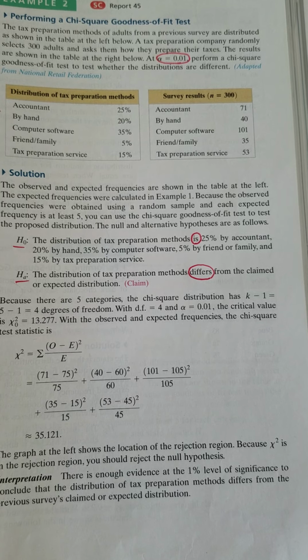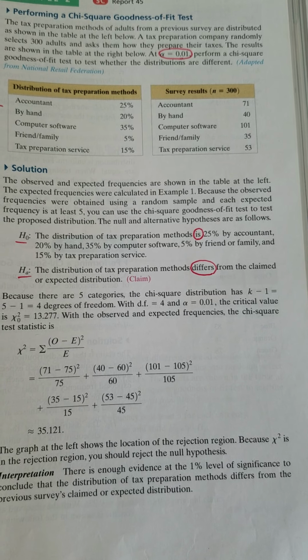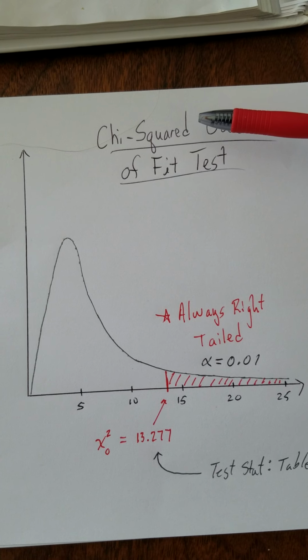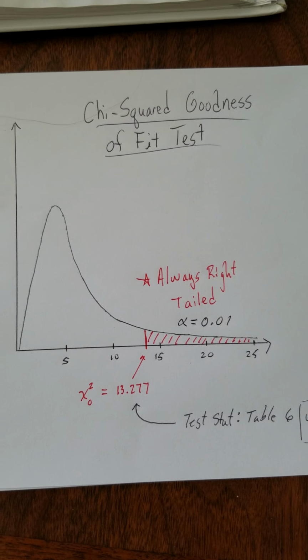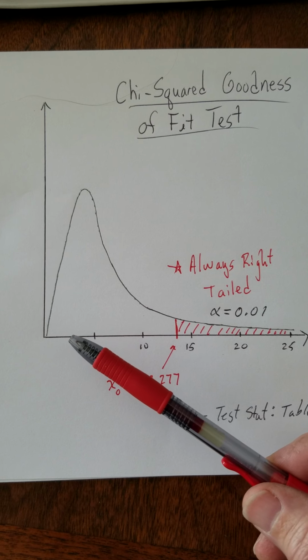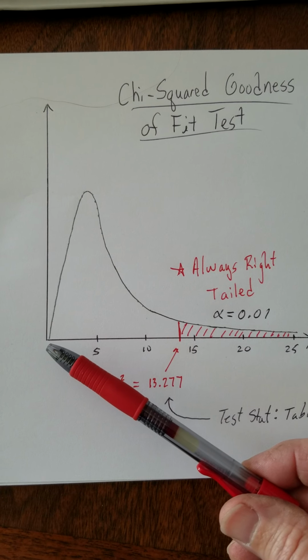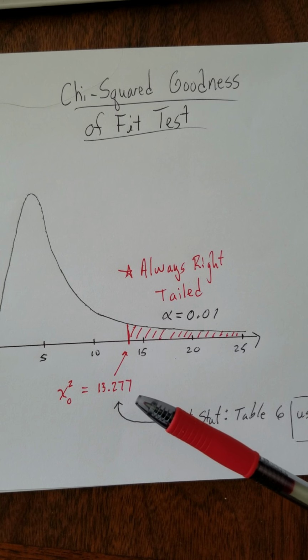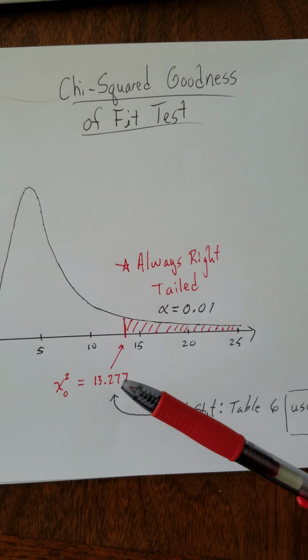First, let's go to a picture of the test. I should have said chi-squared, not chi-squared. But there's a picture. These things are always right-tailed. And down here, this is 0. And this is 5 through 25, just because when we do the test here, the numbers are larger.